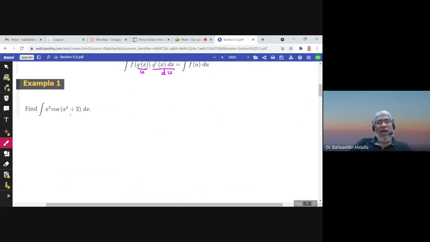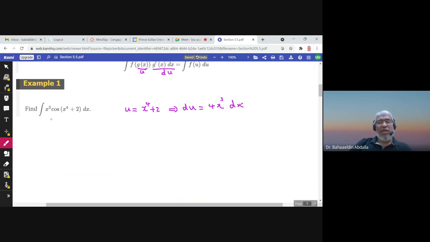So we have cosine of x to the power 4 plus 2. So if we take u equals x to the power 4 plus 2, this is inside cosine. All right. Now find the derivative. So du, the differential of u, would be the derivative of this function, which is 4x to the power 3, and the derivative of 2 is 0, times dx.